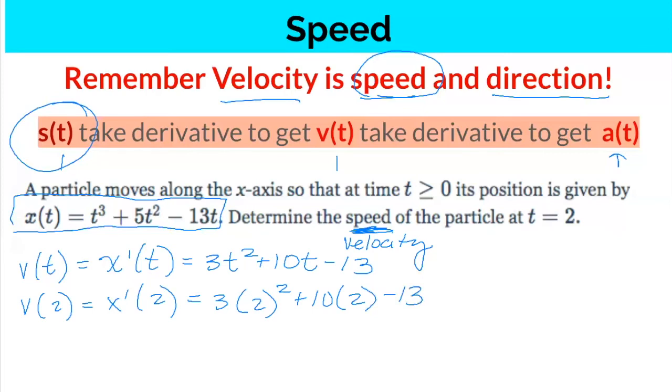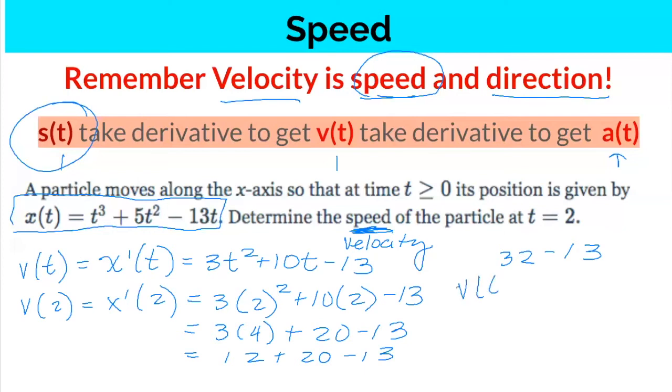And let's finish it out. We're going to have 3 times 4 plus 20 minus 13. 12 plus 20 minus 13. So it's going to give us 32 minus 13, which means that we just found out that the velocity at 2 is going to give us 19.